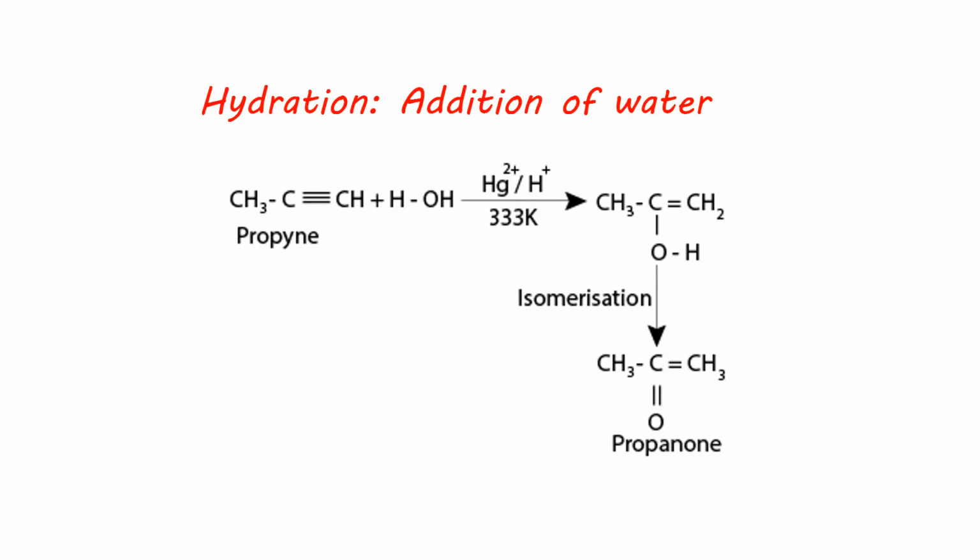To form carbonyl compound means carbonyl group, that is C double bond O, which is your alkanone, is obtained. Right, if propyne gives propanone, ethyne gives ethanal.